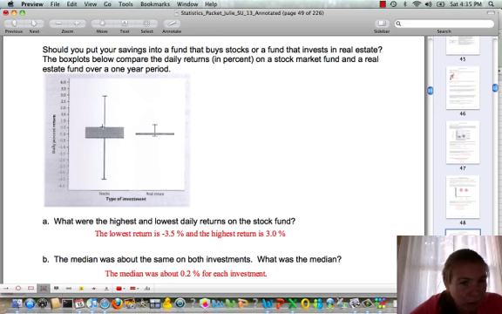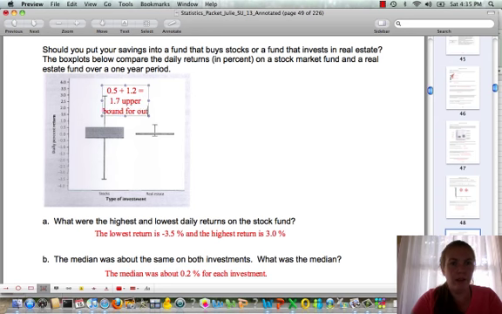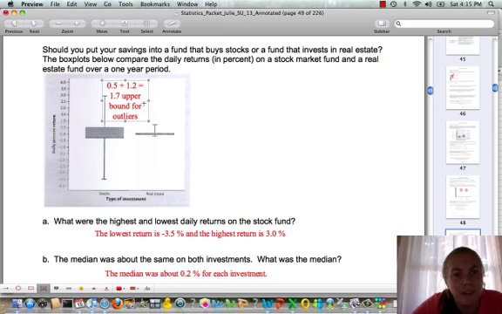If we look above from 0.5, well, 0.5 plus 1.2 would be 1.7 as the upper bound for outliers for the stock. And it looks like there are definitely values also above the upper bound.